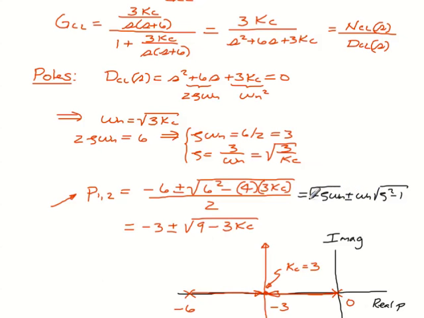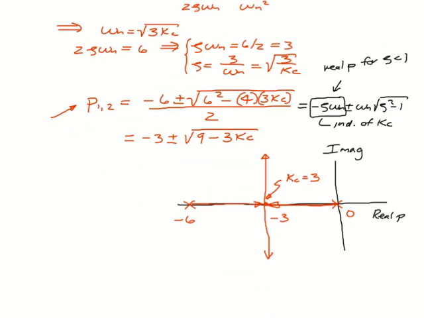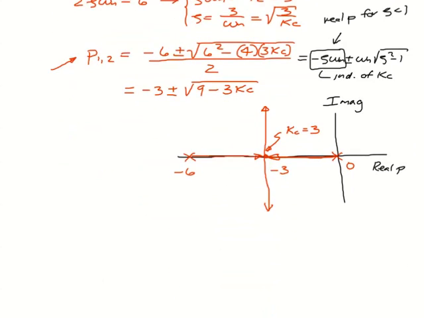So this becomes the real part of the poles for the damping ratio less than 1. And so you see that this here is independent of Kc. That is, once you're over in the underdamped range, that real part doesn't change. So one goes up and one goes down in terms of the imaginary part, while the real part remains unchanged. That's going to help us out, I think, later on when we talk about design.